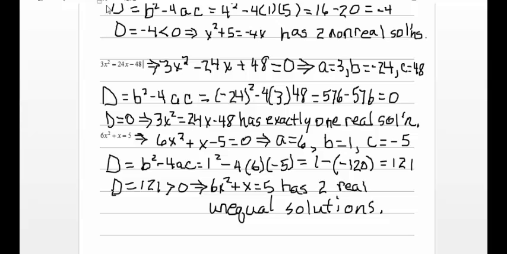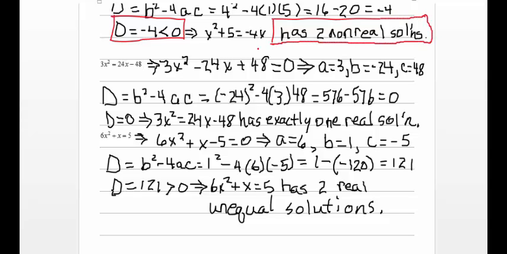And for any equation, if the discriminant is less than 0, the equation has two non-real solutions. If the discriminant equals 0, the equation has exactly one real solution.